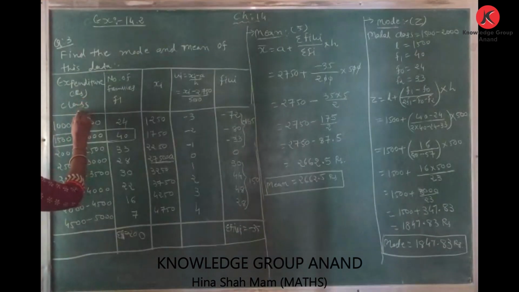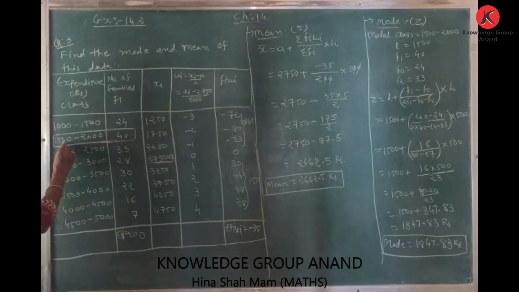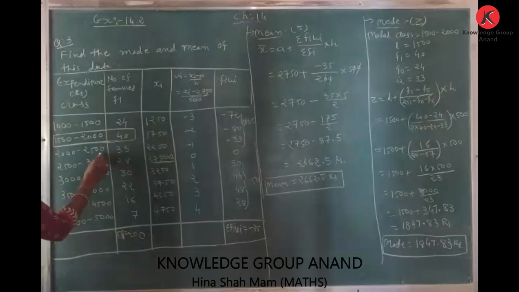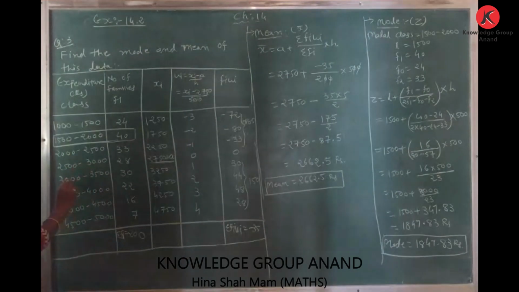Expenditure in rupees, class: 1000 to 1500, 1500 to 2000, 2000 to 2500, 2500 to 3000, 3000 to 3500, 3500 to 4000, 4000 to 4500, and 4500 to 5000.